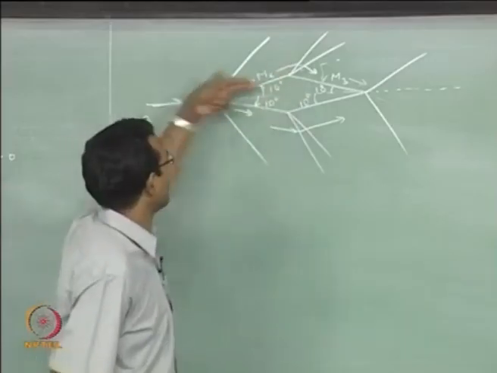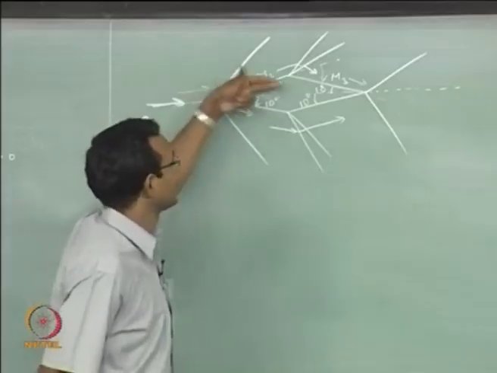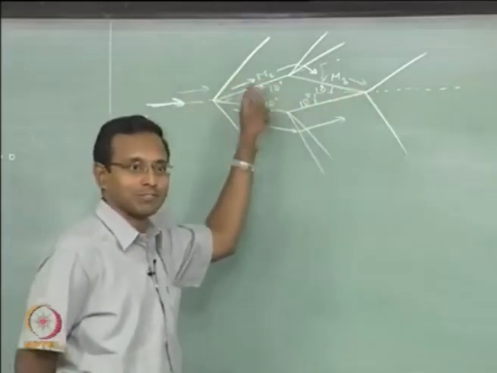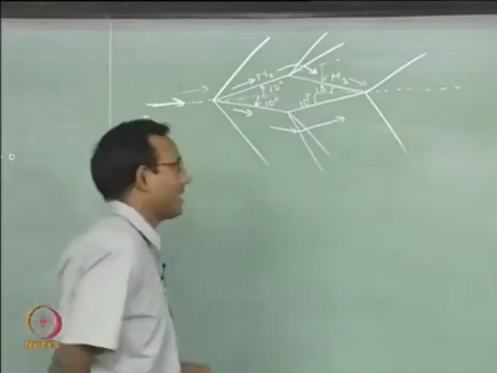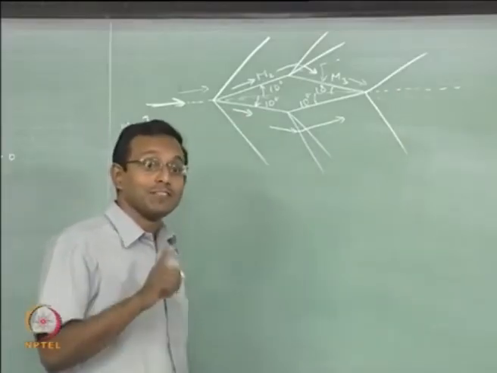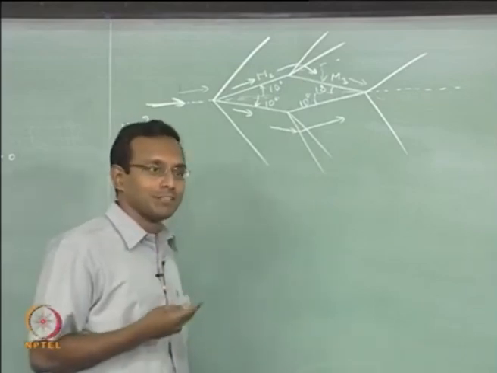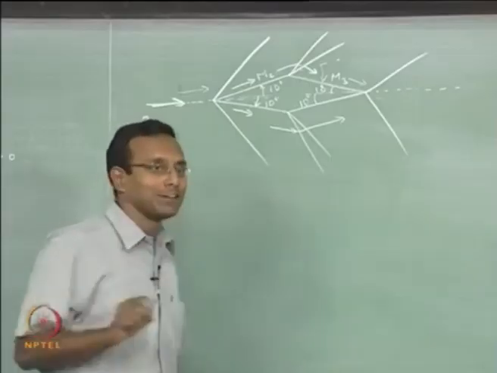If I look at the vertical component of the area, then I will see that this is going to push and that is not going to push back as much. So, there will be a net push this way, that will be your drag. Okay. So, this particular body will have drag even at 0 angle of attack, which is not the case for the previous problem, flat plate, where we assume it is a very thin flat plate, no frontal area.